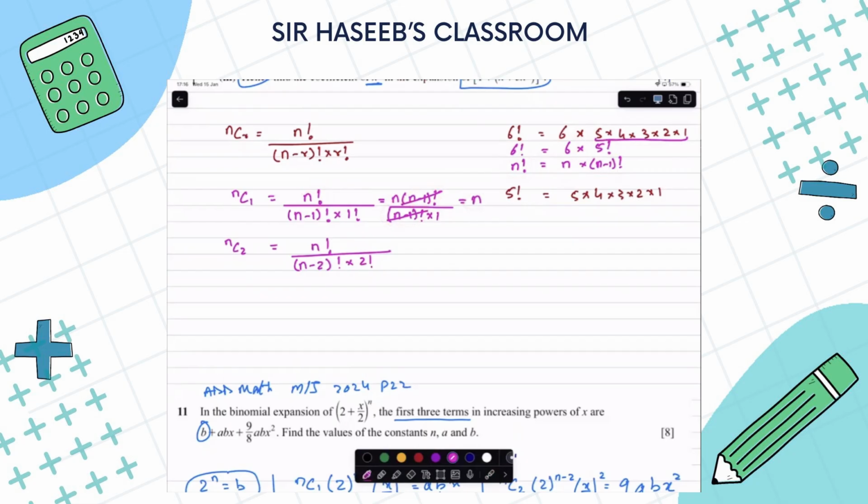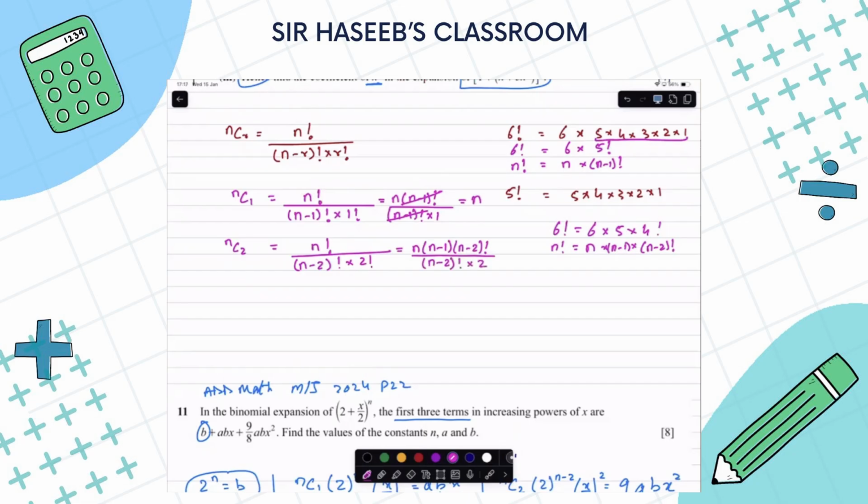Similarly, I can write 6 factorial as 6 into 5 into 4 factorial as well. Agree? So that's n minus 1, and n minus 2 factorial. Get it? So n into n minus 1 into n minus 2 factorial over n minus 2 factorial into 2.